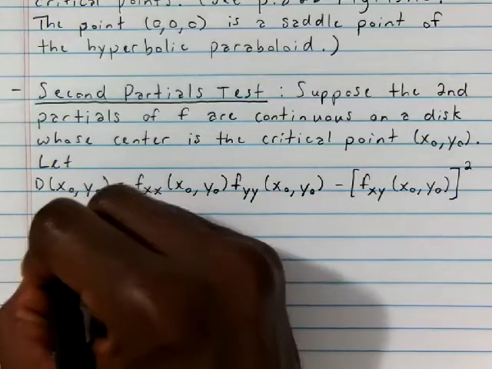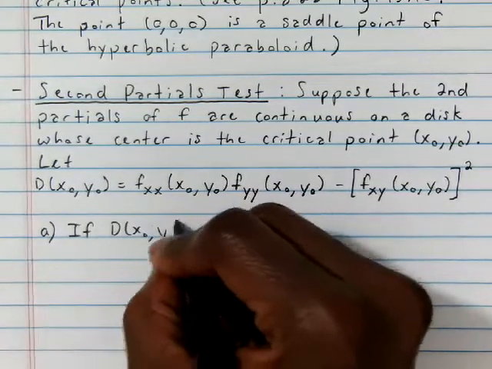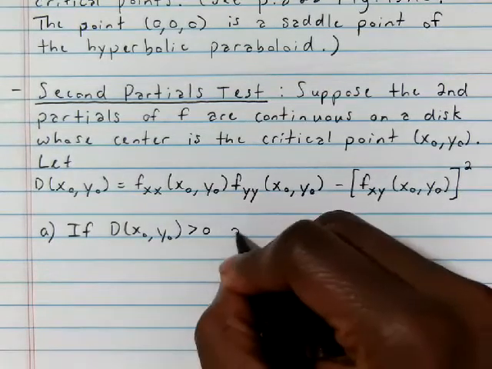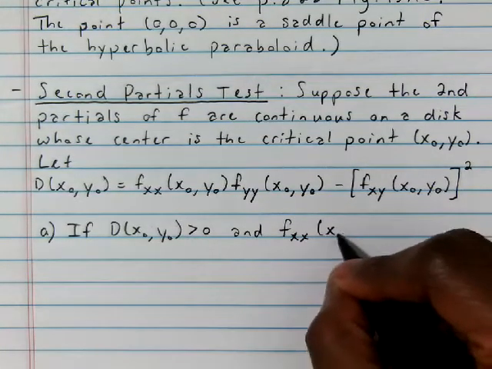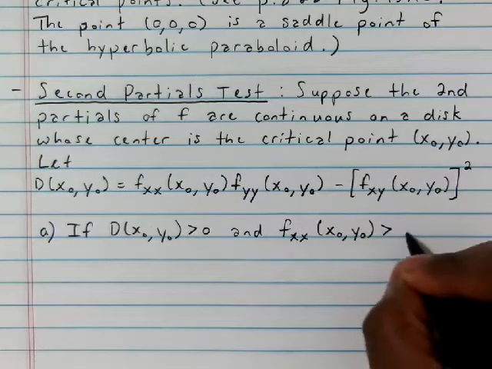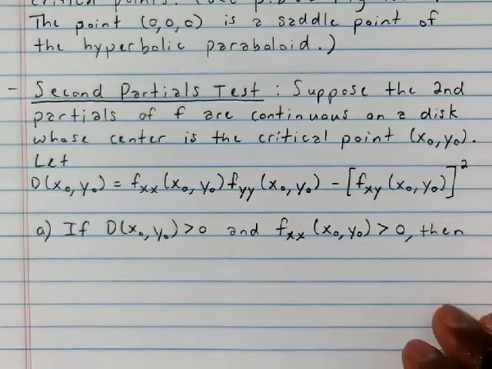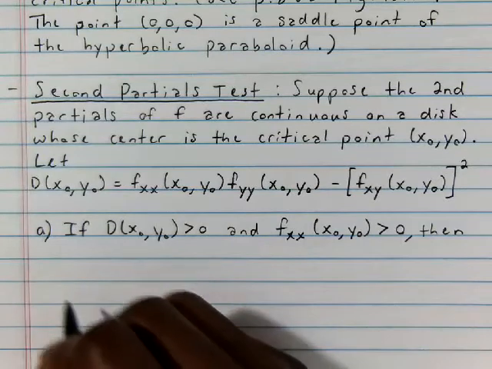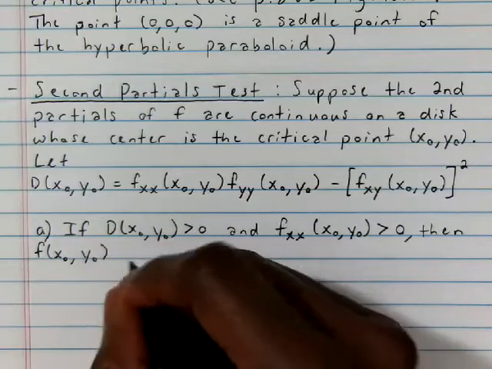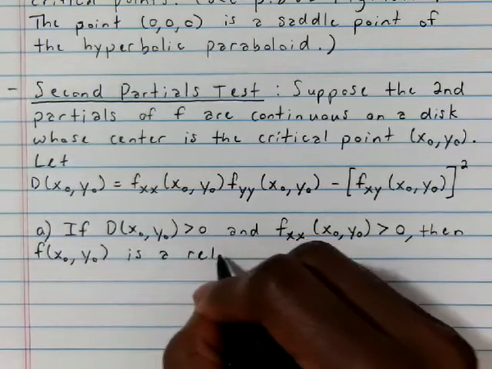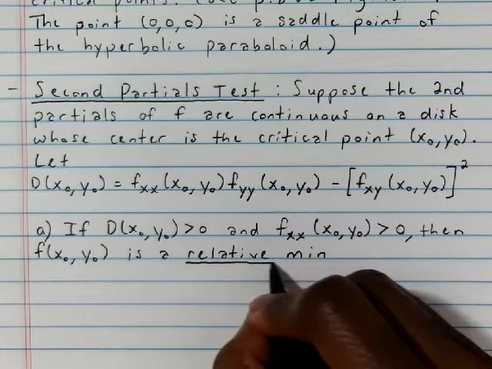So A, if D of (x naught, y naught) is greater than 0 and f sub xx at (x naught, y naught) is greater than 0, then f of (x naught, y naught) is a relative minimum.